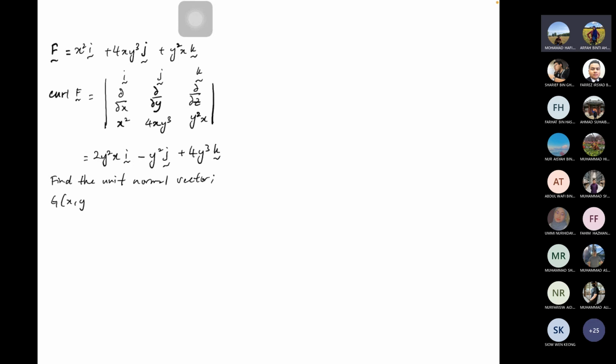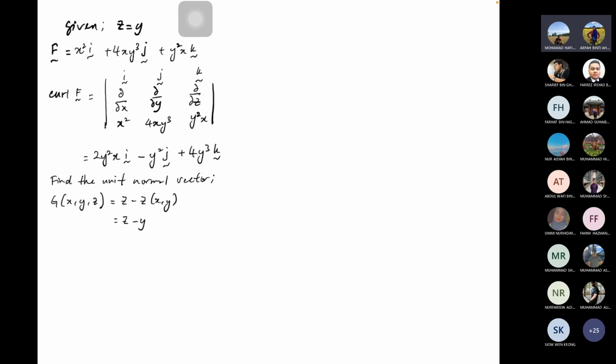So G(x, y, z) sama dengan z minus f(x, y). Okay. So given dia punya function z awak adalah sama dengan y. Okay, dia kata z sama dengan y. So in this case, dia akan jadi z minus y. Okay.